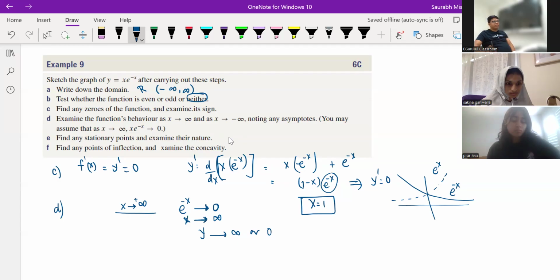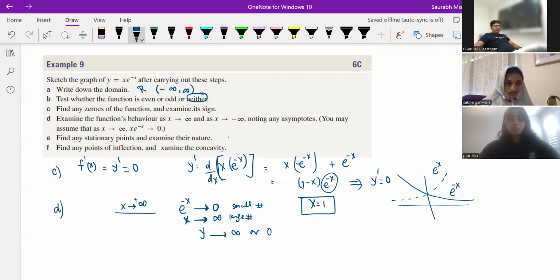Because x is tending to a very large number, but e to the power minus x is a very small number. So what we don't know is whether the product of these two will move to a large number. Who is going faster? Any idea, Sakina?